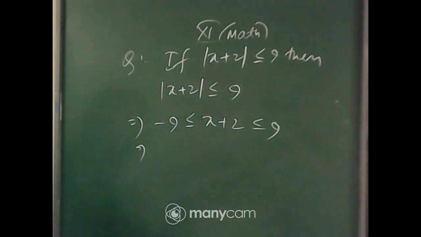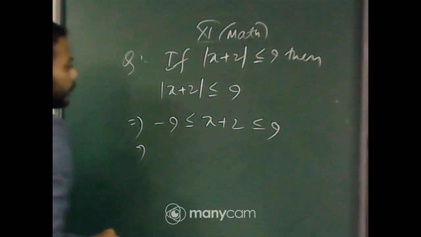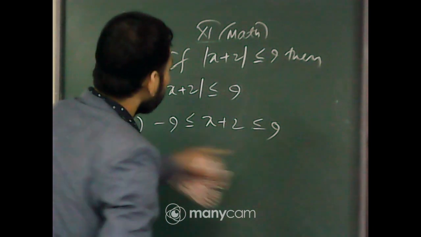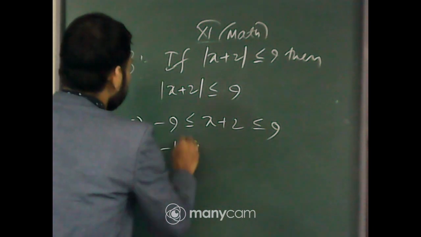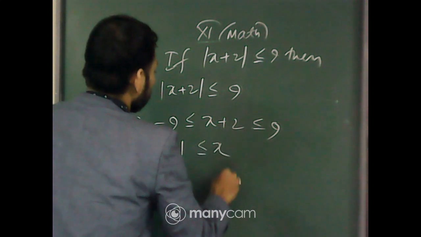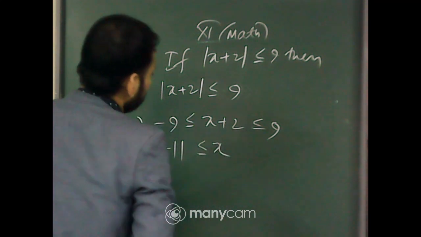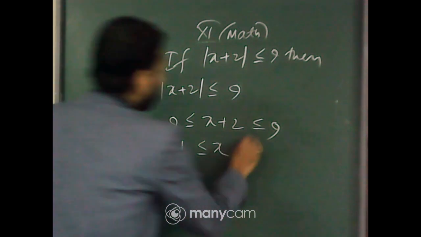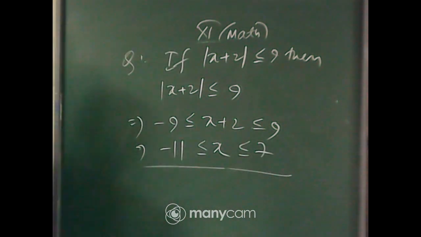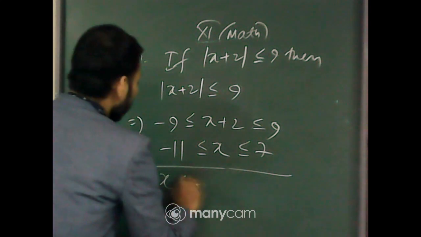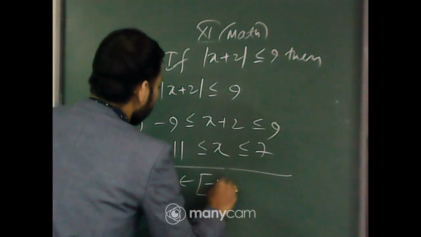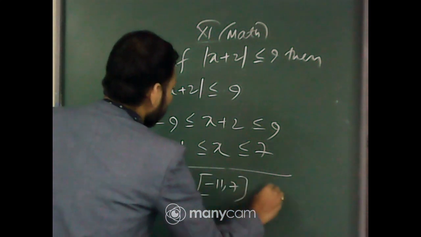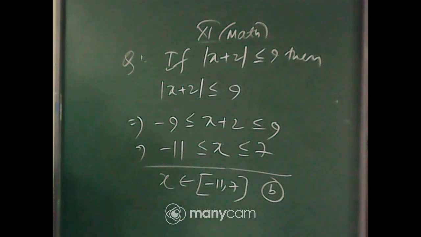Now, subtracting 2 from all sides, it will give you -11 ≤ x ≤ 7. So x belongs to the closed interval [-11, 7]. Option B is the correct answer.